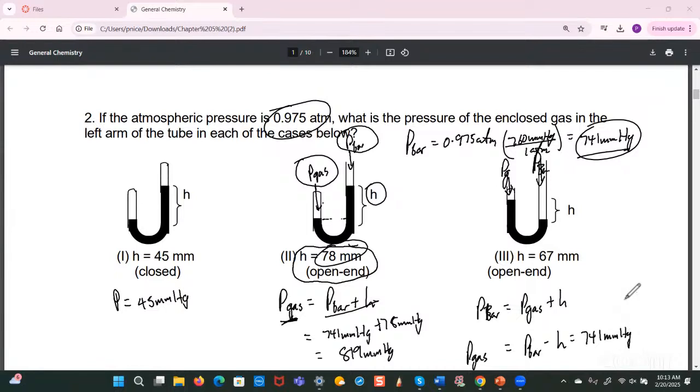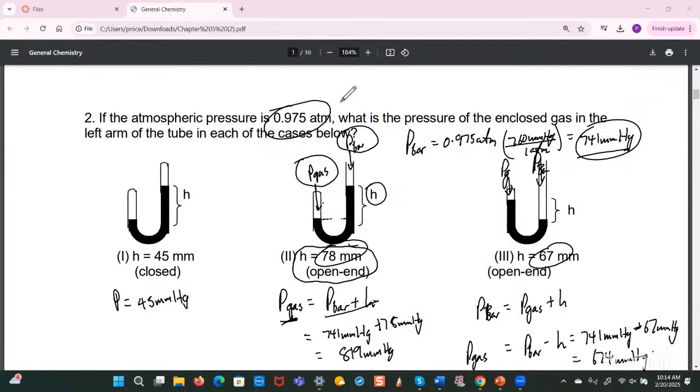And we subtract from that the H, which is 67 millimeters mercury. So let me see what that gives. 741 minus 67 works out to be 674 millimeters mercury. That's how you do that. All right. Any questions about this?